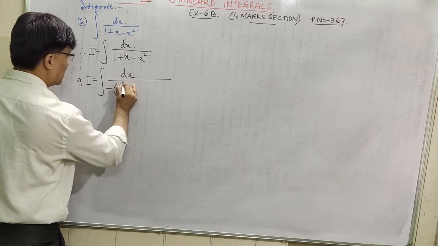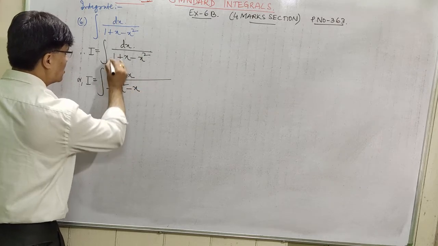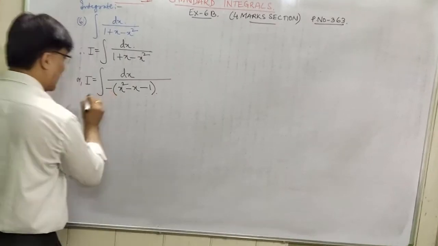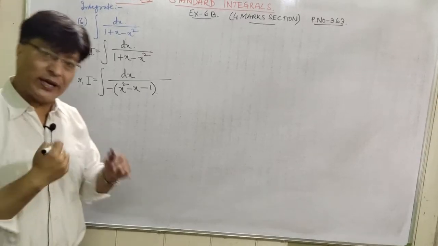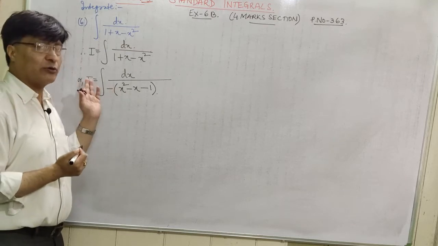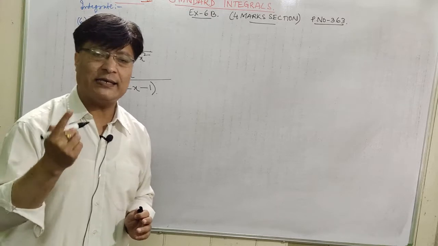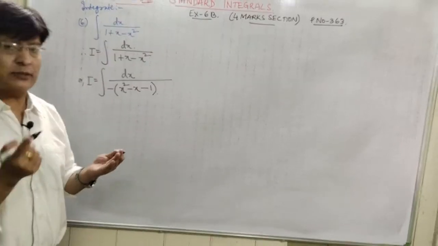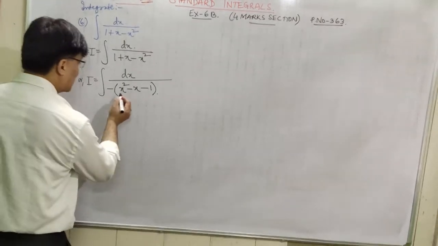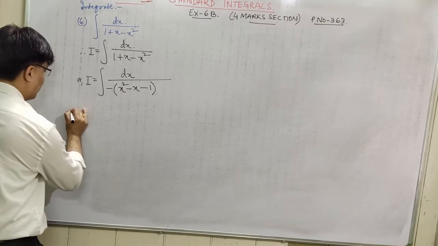Within the bracket it is x square minus x minus 1, right? We are taking the minus common ourselves, so don't take this minus sign outside. Again you have to simplify the denominator to make some terms positive and some negative. So now let us convert this x square minus x in terms of perfect square.